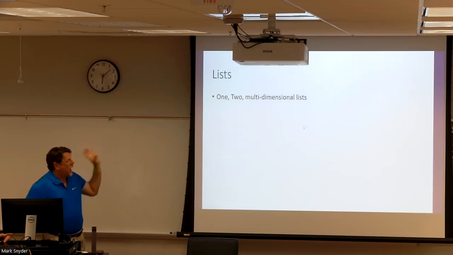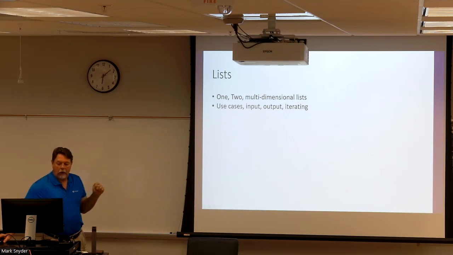So there's multiple kinds of lists. One-dimensional lists are the most common. You have two-dimensional, think a spreadsheet or a table, like a tic-tac-toe board, chessboard, something like that, data that you need that's in tabular form.